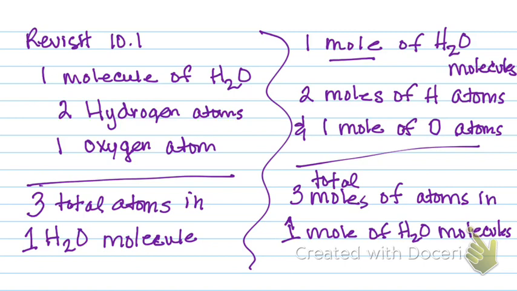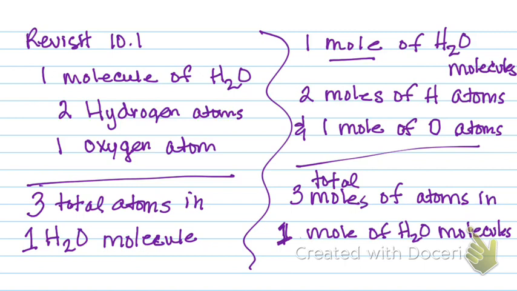Okay. I hope that makes sense. That looks like an arrow. I'm going to fix it. Okay. So I hope that makes sense, because there were a couple people that had emailed me and said, I don't understand how we can have 1 mole and then we end up with 3 moles of the atoms.